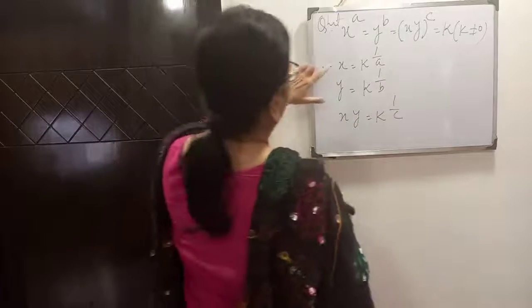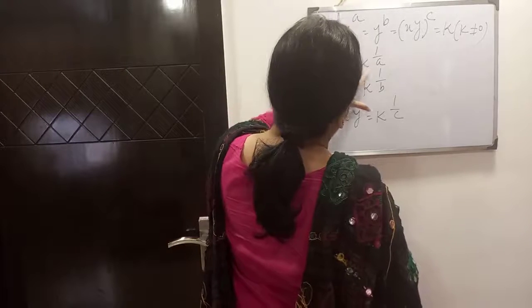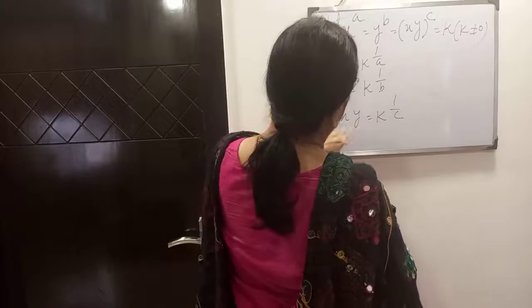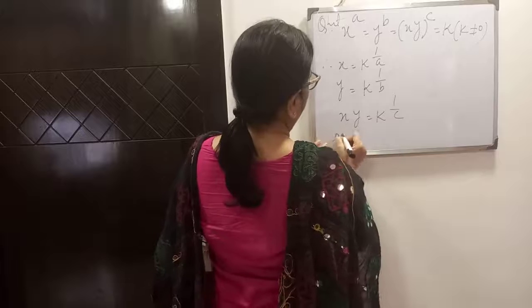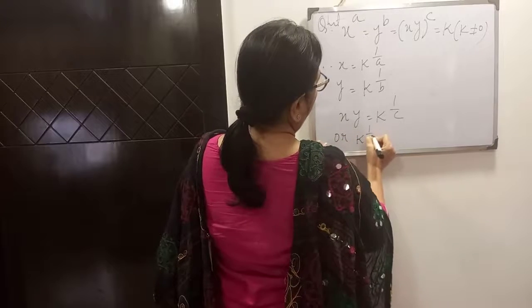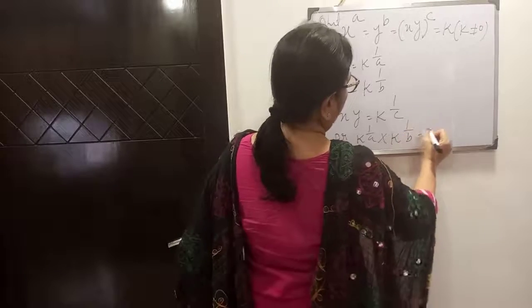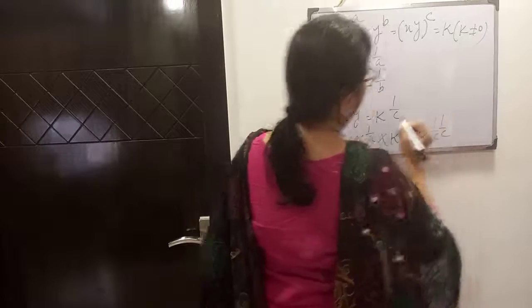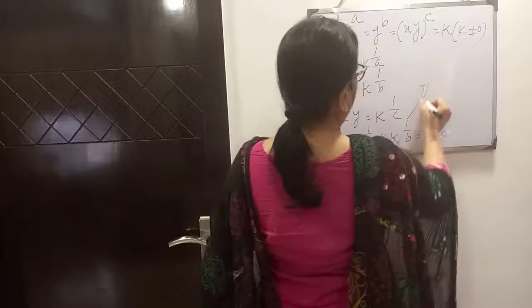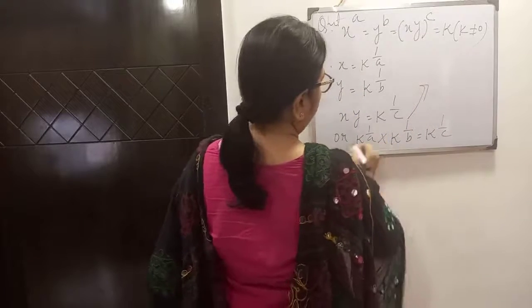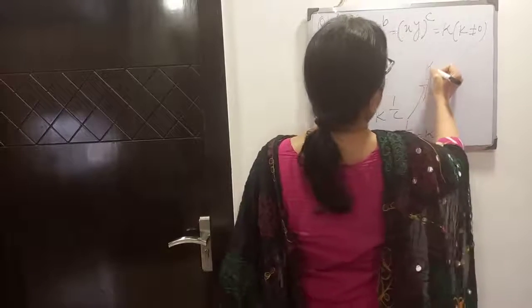Now you see, we know x in terms of k, we know y in terms of k, so here we will put k to the power 1 by a into k to the power 1 by b equals k to the power 1 by c. Clear? Now this is same base multiplication, so the powers will be added.